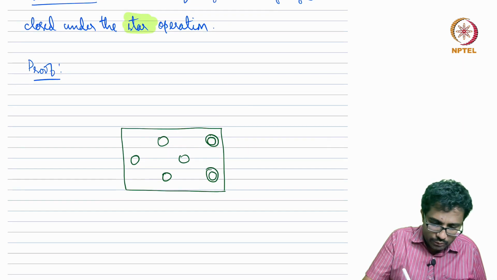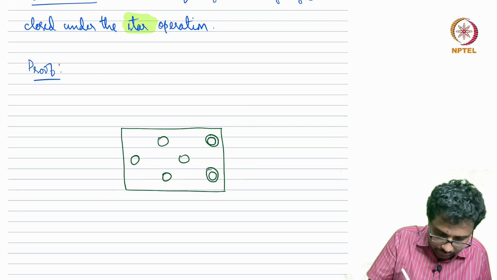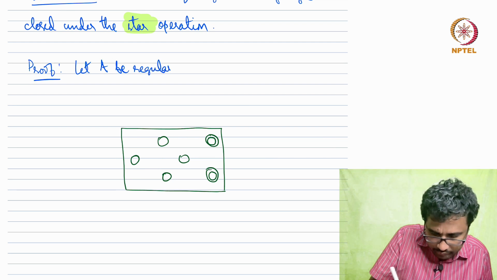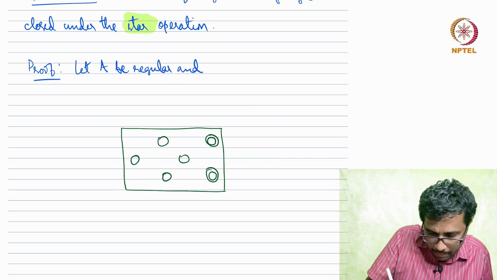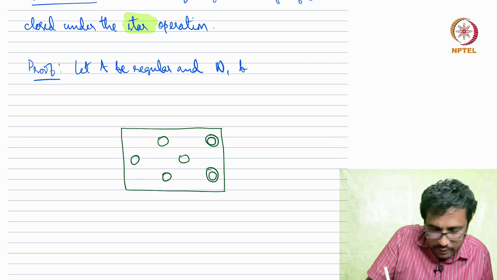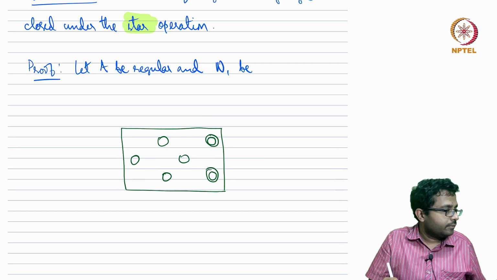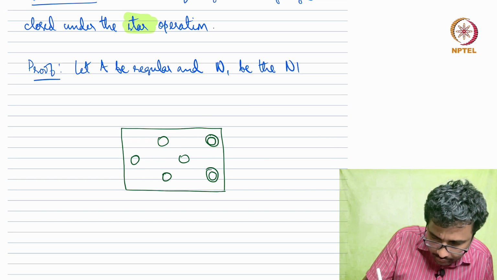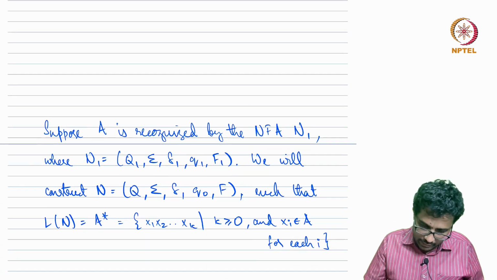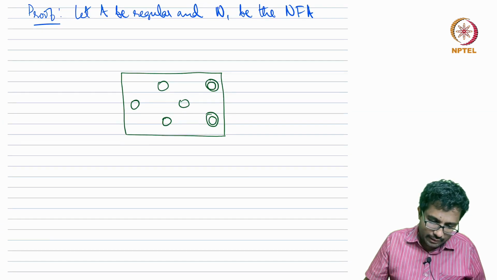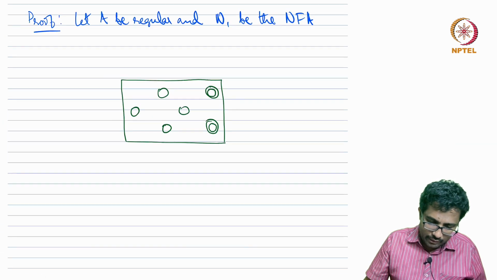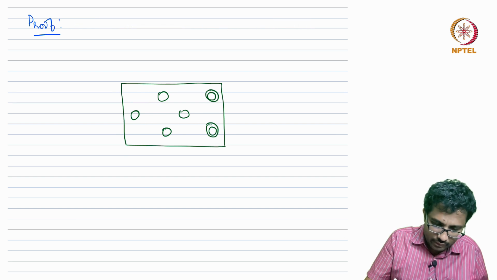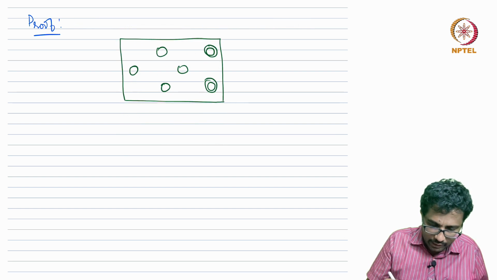So we want to show, let A be regular and N1 be the... I think I may be saying it below. So it's already written here, so I don't want to repeat it. I'll just erase this. Also move this back up, right?